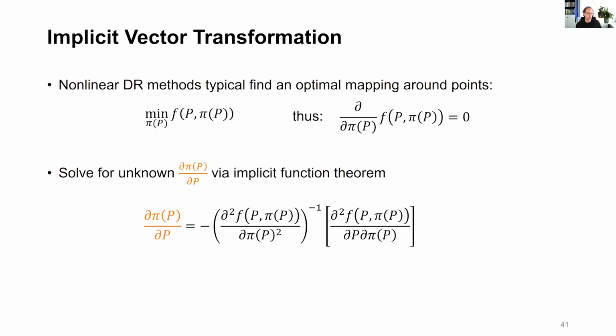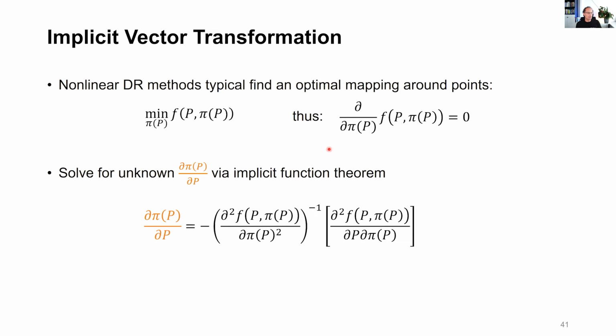Our observation for this kind of implicit vector transformation is the following. We can associate a cost function f with any useful dimensionality reduction, in the sense that we assume the dimensionality reduction did find a good representation of our point set in the 2D space. That means there is some underlying cost function that this whole process wants to optimize.